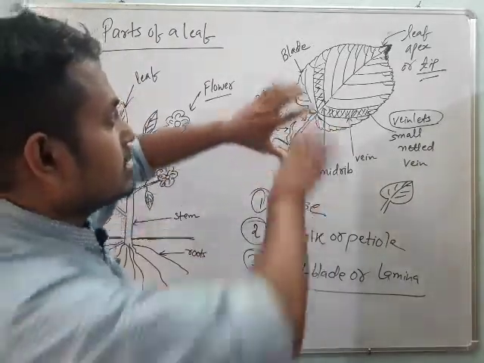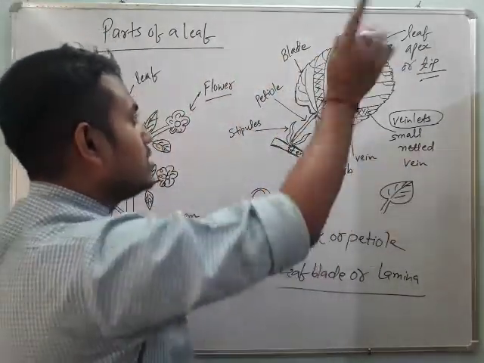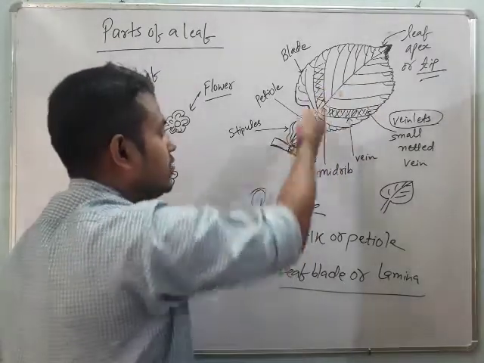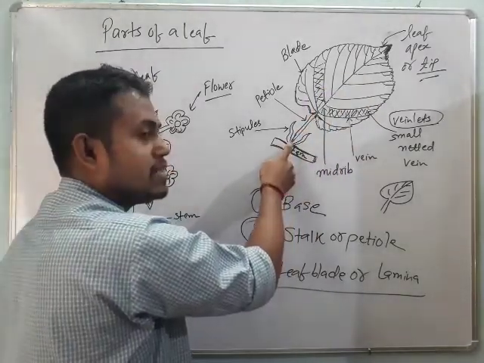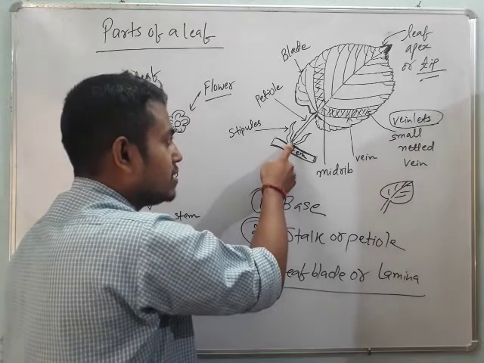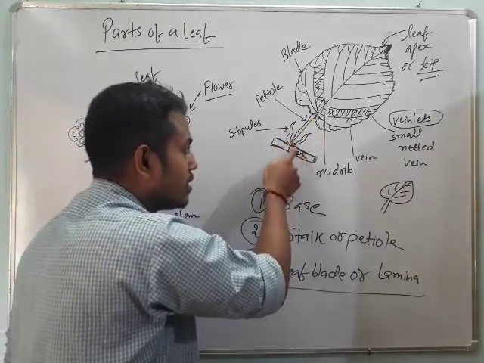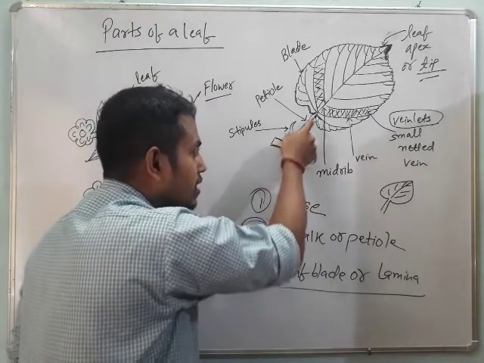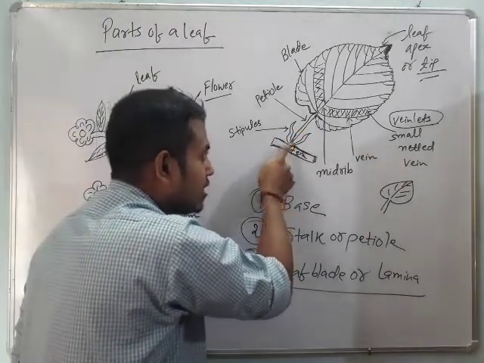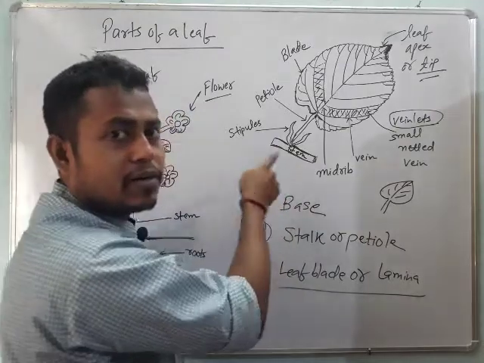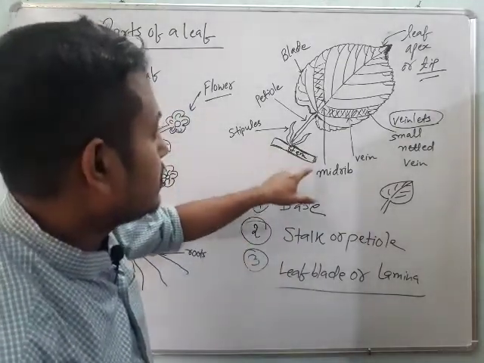This is the structure of the leaf. First we have the base where the leaf gets connected. This is the base, and the leaf is connected to the base of the stem. We call this the leaf base, and it is connected to this stem.